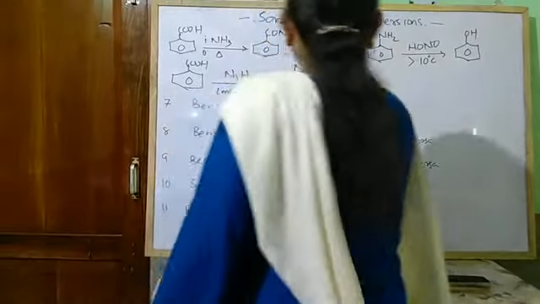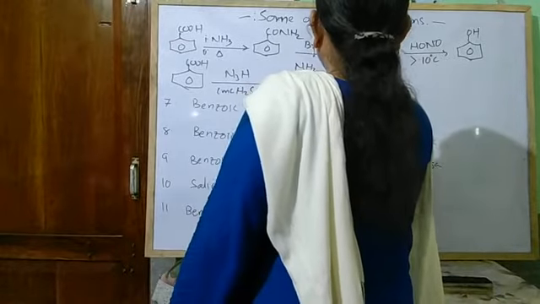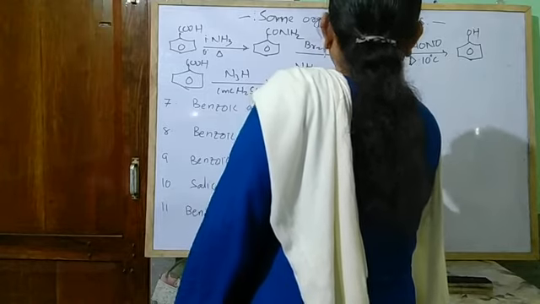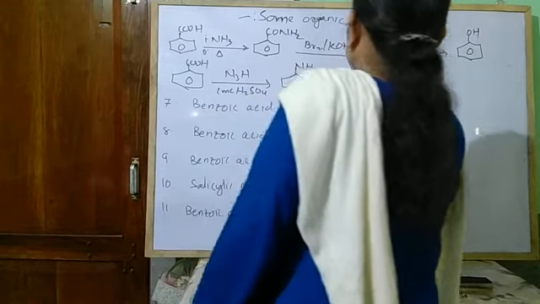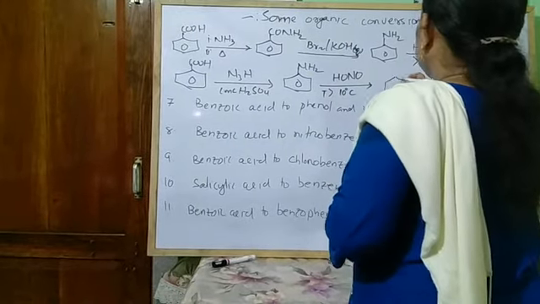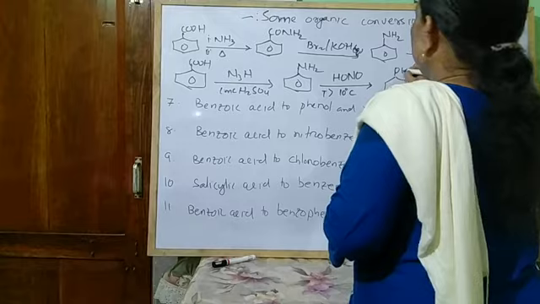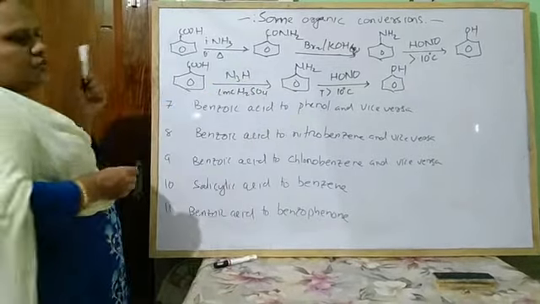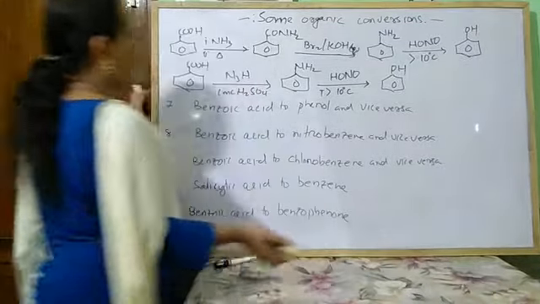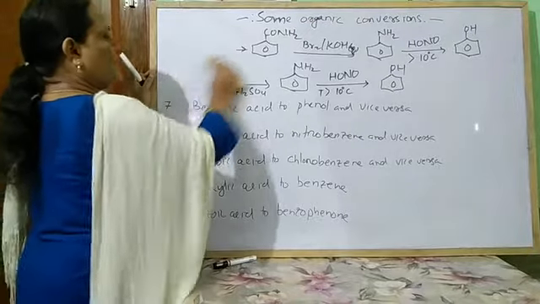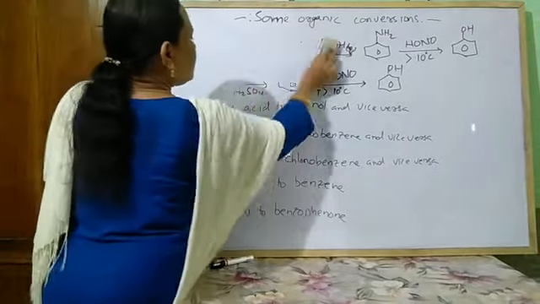Then when it is treated with nitrous acid at temperature greater than 10 degrees Celsius, 20, 30, 40, 50, it forms phenol. This is benzoic acid to phenol. Then phenol to benzoic acid, vice versa is given. These are the two methods. Then we have to again convert phenol to benzoic acid.